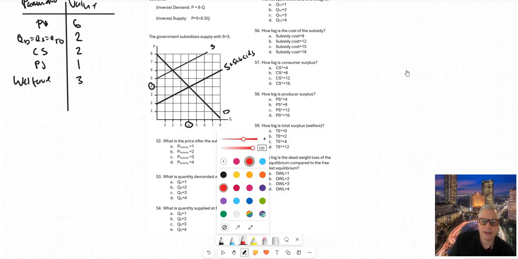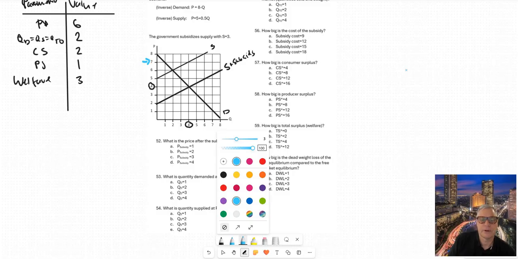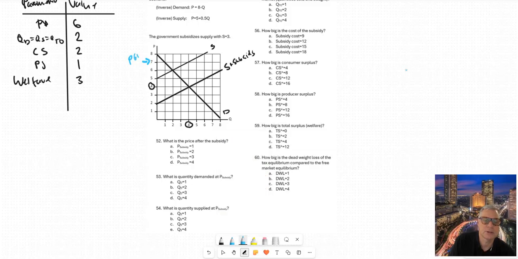So the price that the producers get is actually 4 plus 3, the subsidy. So they basically get the gross price, which is 7.